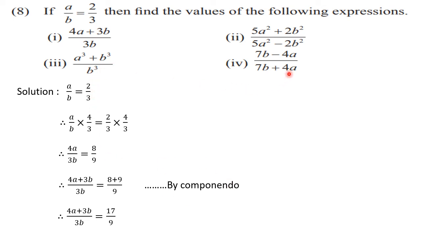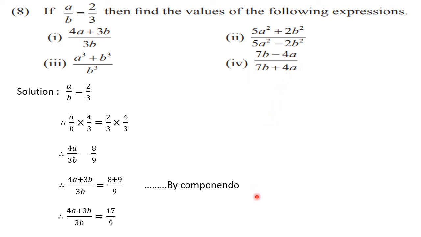And here componendo dividendo is used, but it is in reverse form. So first you will go for invertendo. That means you will start here, then you will go for invertendo. You will get the required numerator and denominator, and then you will go for componendo dividendo. And finally, to get the answer, you will do invertendo.